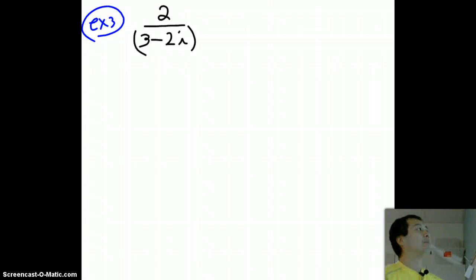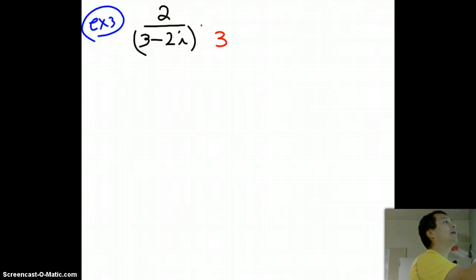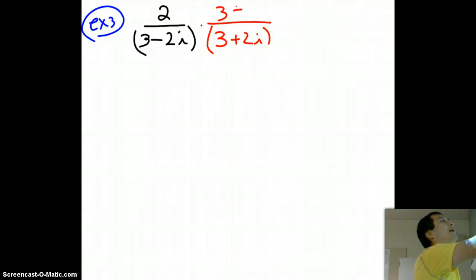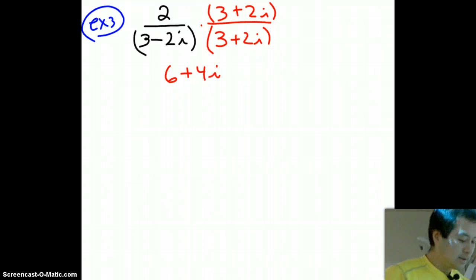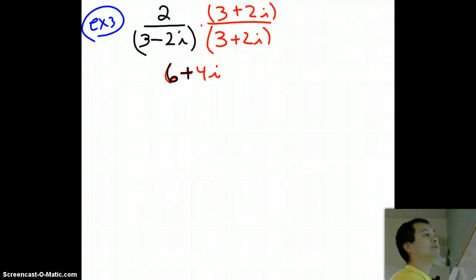So what I do here, I multiply by the conjugate, which is 3 plus 2i, top and bottom because we want to only multiply by 1. Doesn't change the problem. Distribute the top. That becomes 6 plus 4i. Multiply the bottom. Take a look. That's 3 times 3, which is 9.